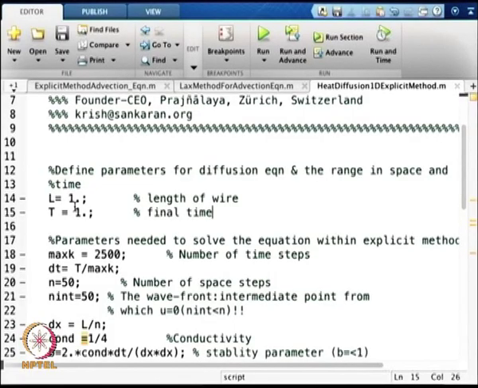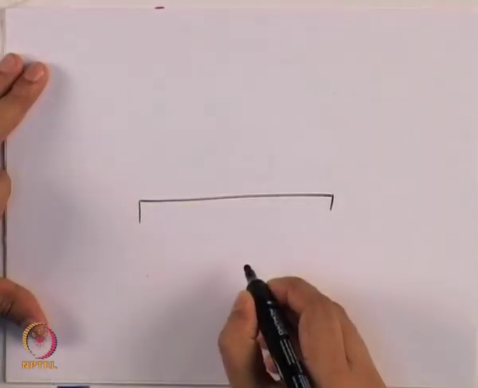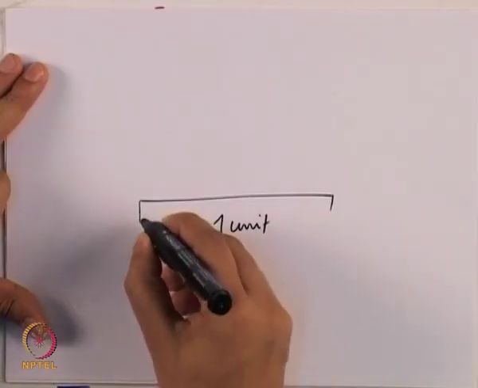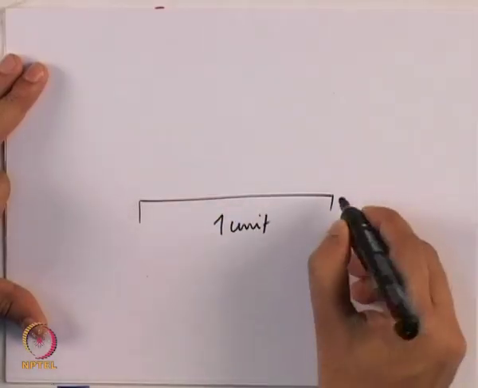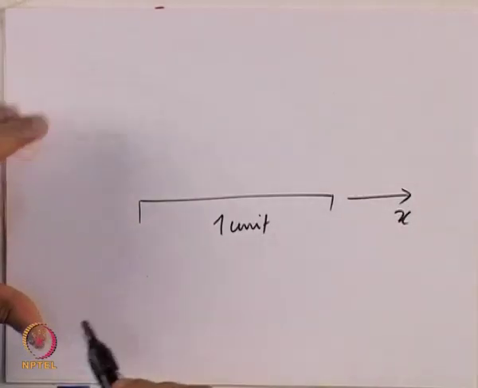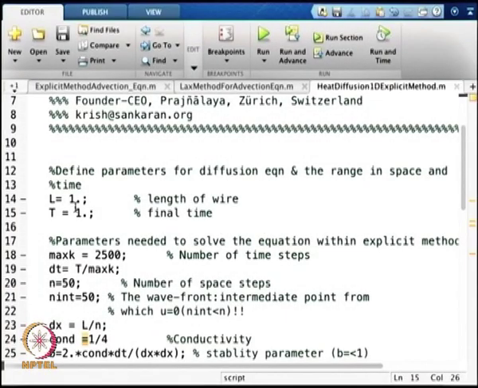This length is going to be equal to 1 unit. This is the one dimensional x-axis. We are interested in what is happening in the heat diffusion on this one dimensional wire, and we are setting the final time, the maximum time that we are going to simulate, also to 1 unit.